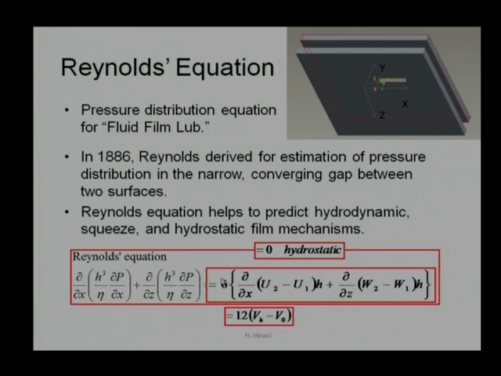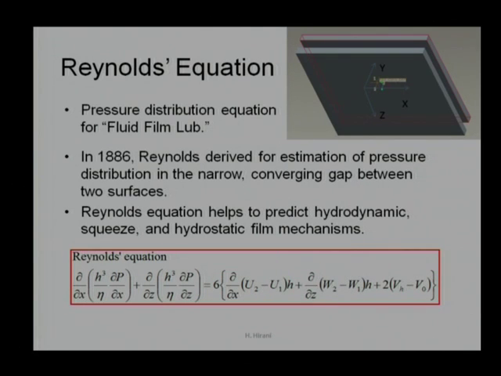So, there is a possibility of only hydrostatic, only hydrodynamic, only squeeze film action, or maybe all together, a combination, and that generally happens in an engine bearing, where there is a relative velocity in the x direction, and there is a relative velocity in the film thickness direction also, because of the load it will change its position, the shaft will change its position. So, we will give some sort of relative velocity in the film thickness direction.